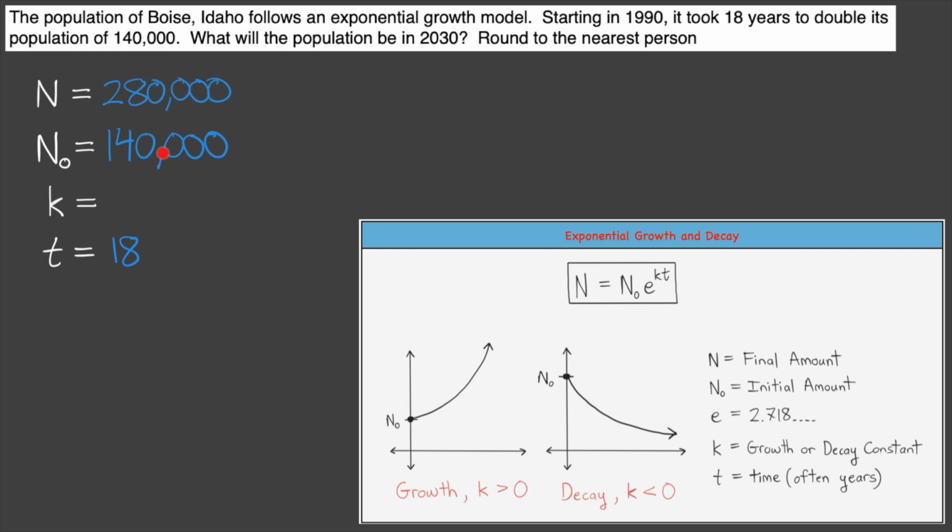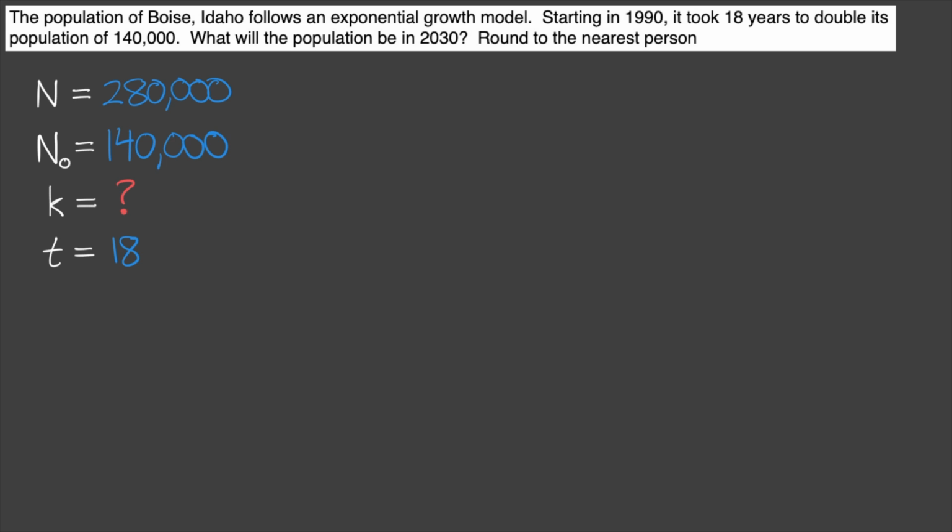Now we can use this information so that we can find k. So we're going to find k first, and then we'll be able to answer the question that they're asking. So let's go ahead and set up our equation and solve for k. I'm going to erase this chart here just to give us some more space to work with. All right, we'll bring down our equation here. So N equals N naught e to the kt. So let's go ahead and plug in.